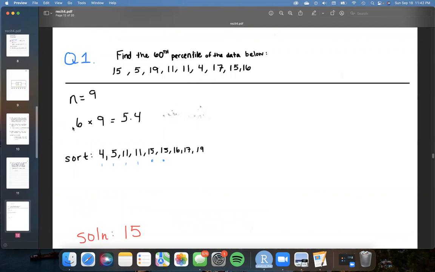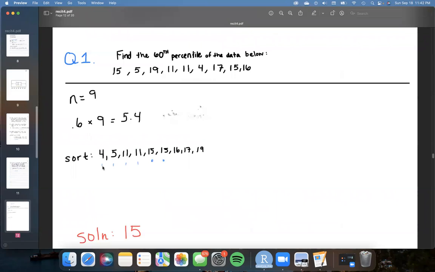So I would do 0.6 times 9, and that gives me 5.4. So then from there, I would count from the smallest to largest, because we work from left to right, to see where 5.4 would lie.